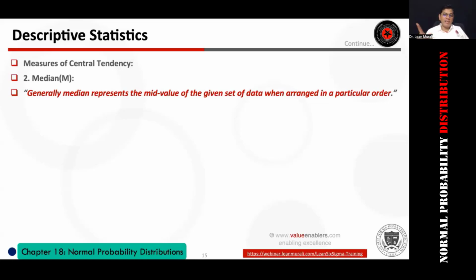So the fourth guy is the middle. Suppose there are 8 people, which is the middle guy? The 4th and 5th, right? Now that's what I'm going to explain here.